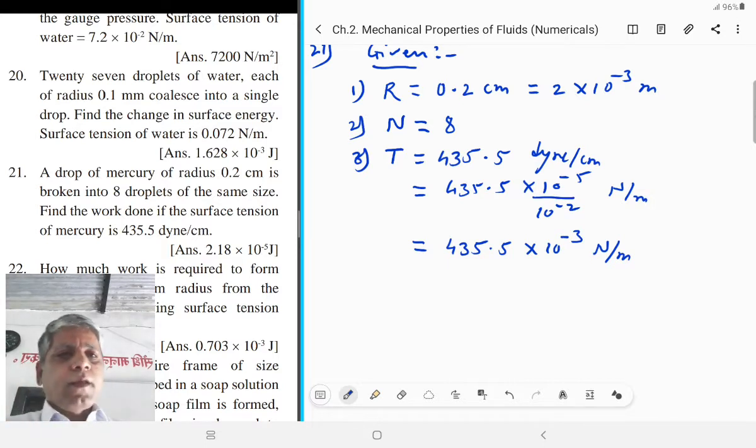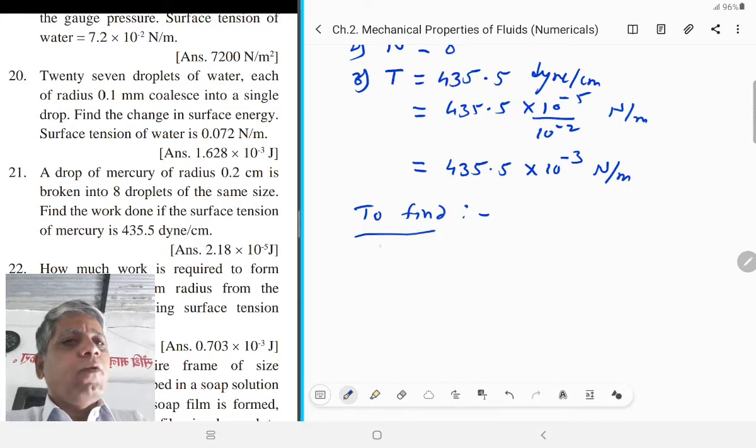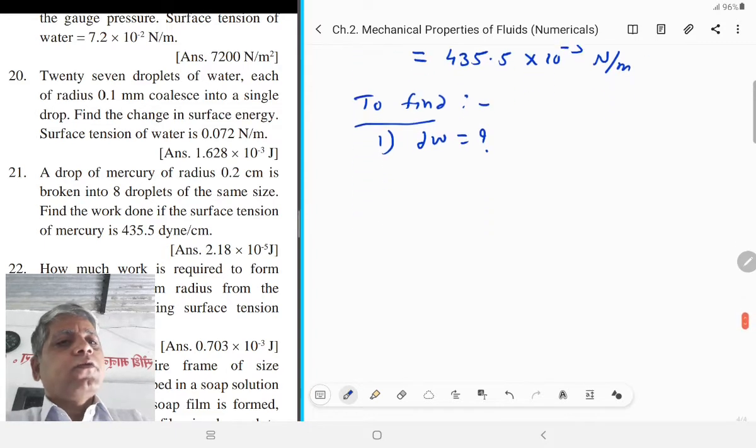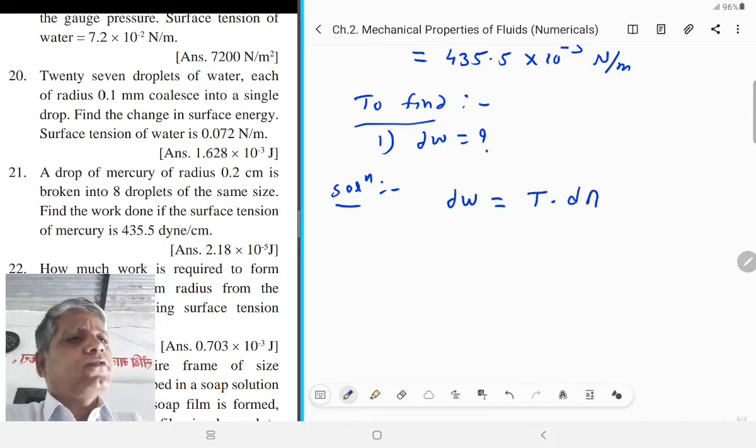Now, to find out the work done, that is dW. Solution. As already solved above numericals by using the same formula, the work done is equal to surface tension into change in surface area.